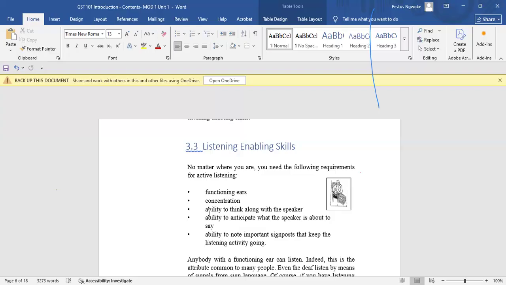Listen. It is not "lis-ten" as most Nigerians take it to be. The correct pronunciation for the word is "lisen". The letter T in listen is silent.